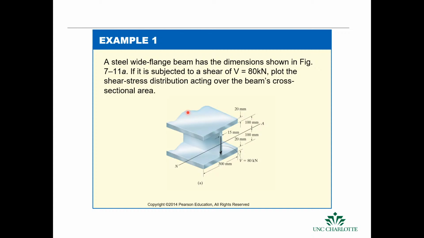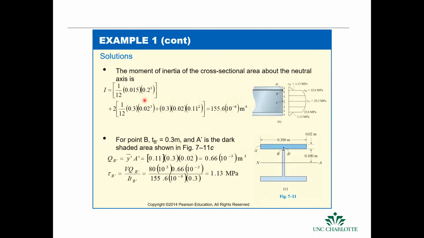This is an example where we have a flange and a beam, and we have a shear which is calculated to be 80 kilonewtons, and you're asked to plot the shear stress distribution.